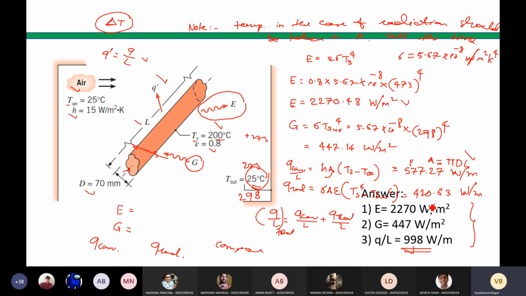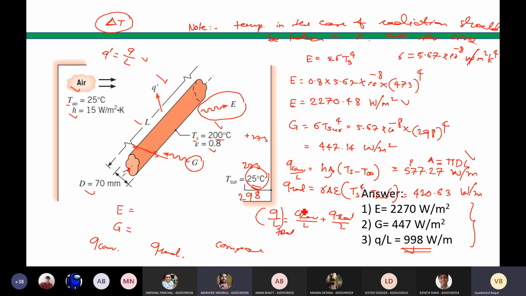So you may think about what will happen if you go on increasing this surface temperature. Right now it is 200 degrees centigrade. If you go to, let us say, 800 or 900 degrees centigrade, you may find that the contribution of radiative heat transfer goes on increasing. Is it clear?